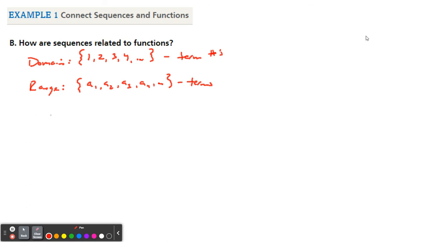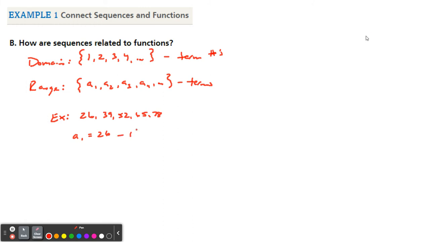So if we use our previous example, our sequence was 26, 39, 52, 65, and 78. The first term here, A sub 1, is 26.